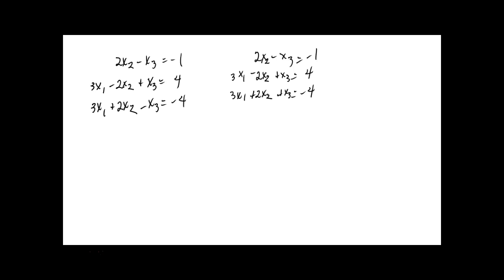The next theorem tells you that the determinant of the transpose of a square matrix is equal to the determinant of the original matrix. And that almost should seem, oh yeah, makes sense.